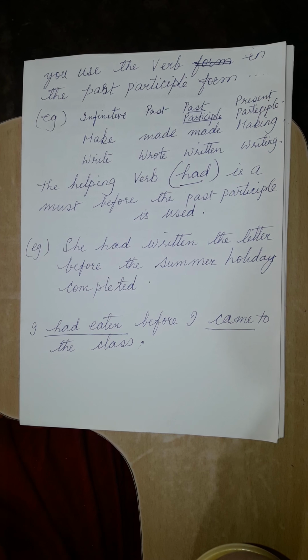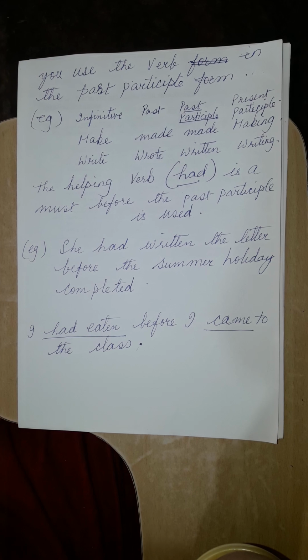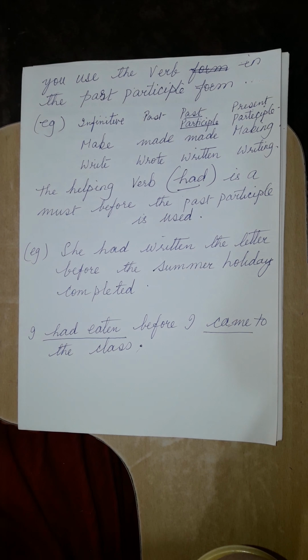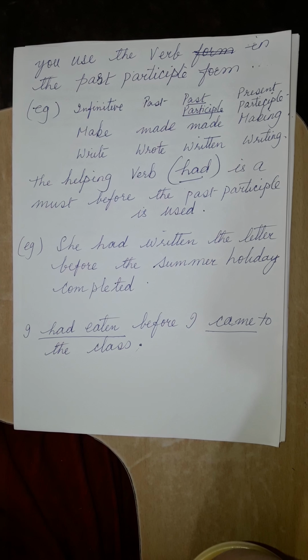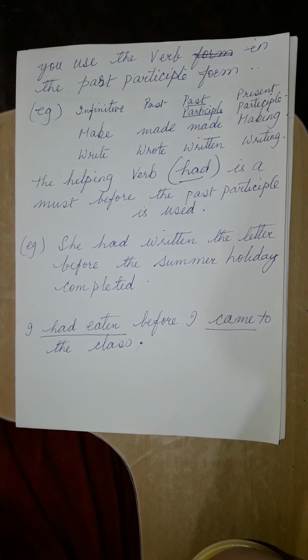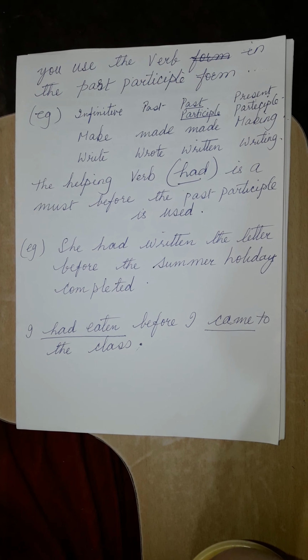So this particular past participle has to be used only with the helping verb. You cannot use it directly like the simple past, "she made" or "she wrote a letter." When you are using the verb form written, it is compulsory that I use the helping verb had to indicate the past perfect tense.